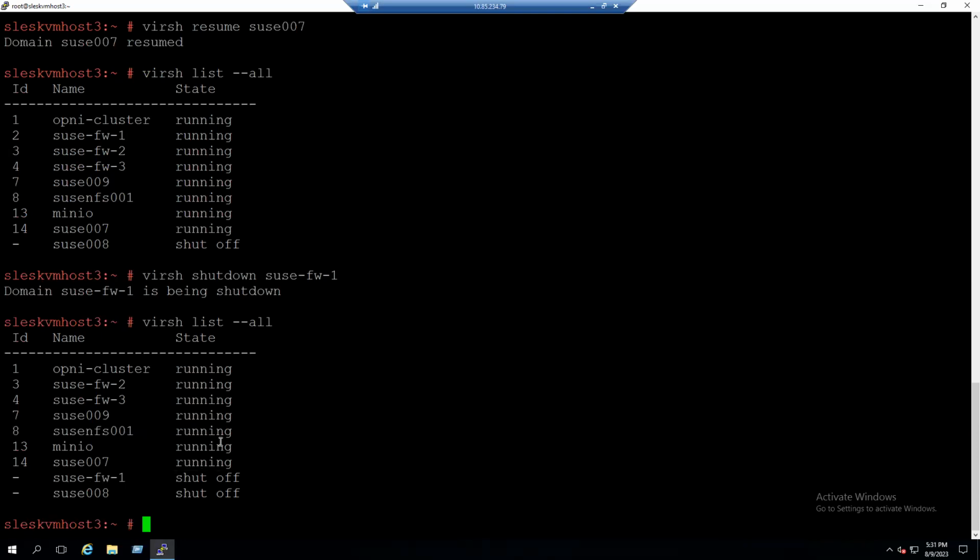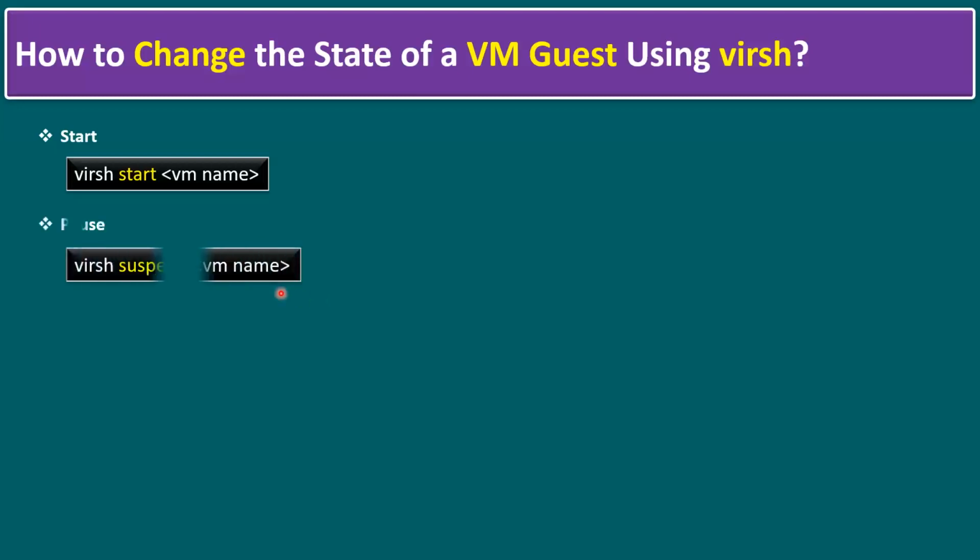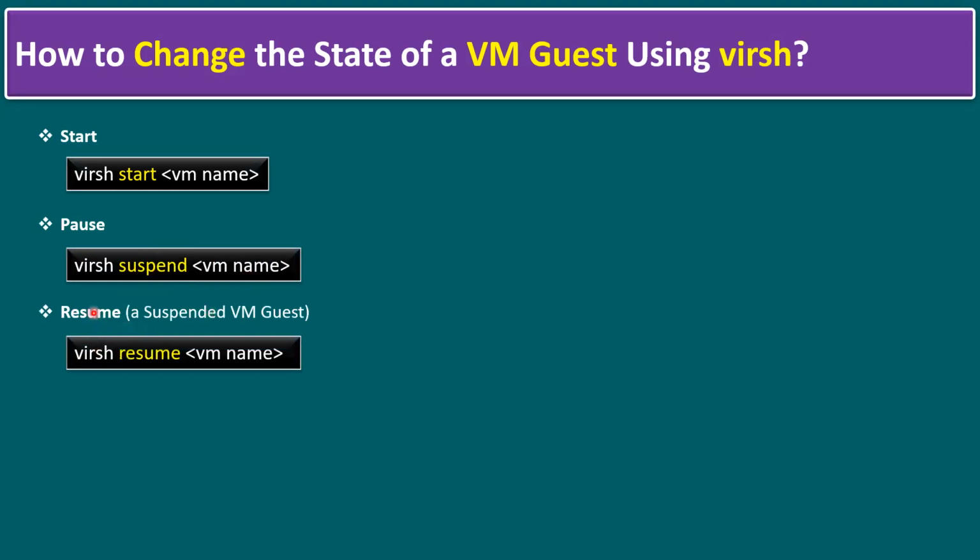Okay, so the same commands I highlighted within our slide. To pause, we type the command virsh suspend and the virtual machine name. Similarly, to resume, virsh resume VM name. And to reboot, even if you want to reboot any virtual machine during the maintenance window, you can use the keyword reboot and VM name.